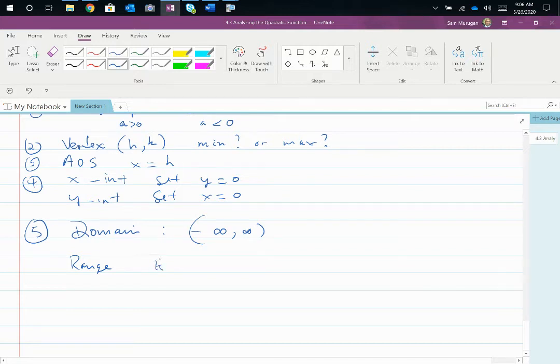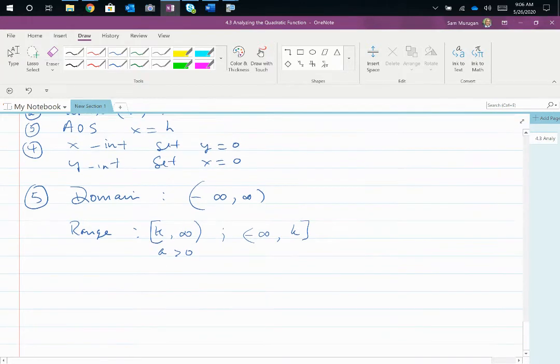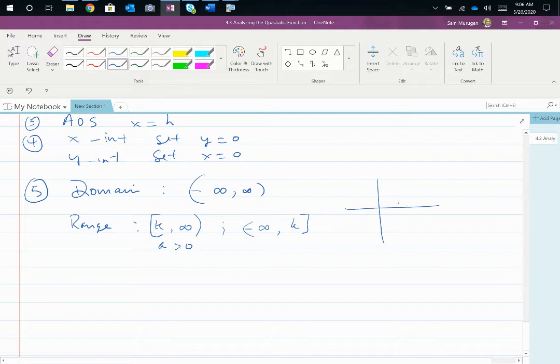And the range could be from k to positive infinity, or it could be from negative infinity up to k. Okay? So for a graph that's turned upwards, the range would be from whatever that k value is up to infinity.